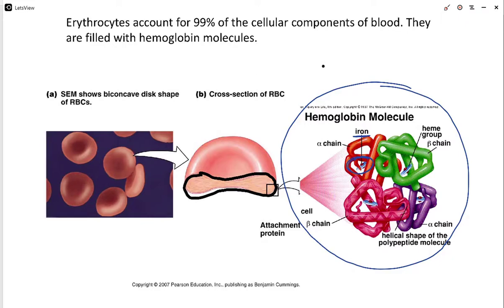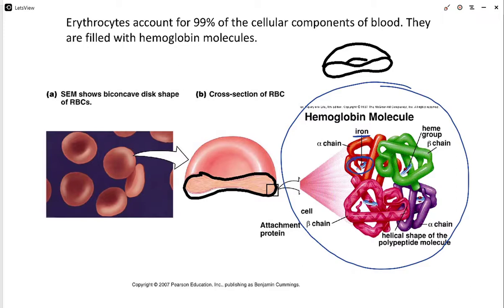If I draw a cross section, and you can draw this with me if you'd like, you might draw almost like a little figure 8. It almost looks like somebody took a sphere and then deflated the center. They're also small. From a previous lecture, you might remember that red blood cells are 5, 6, 7 microns long. That's actually very small for a cell. So they're small, they're flat, and they're biconcave.